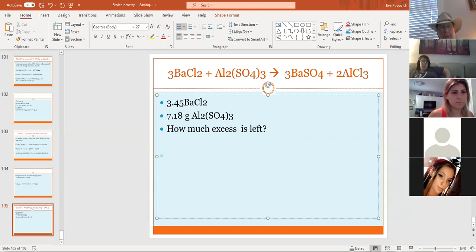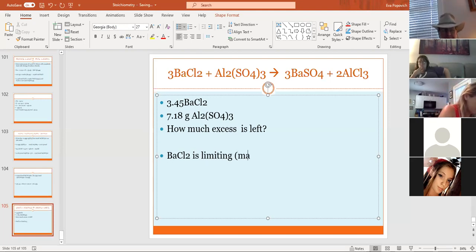Barium chloride. Okay, so you're saying the barium chloride is the limiting. All right, guys, when you're doing this, we are making an assumption. We have to choose one or the other.